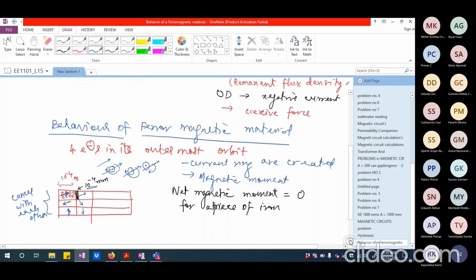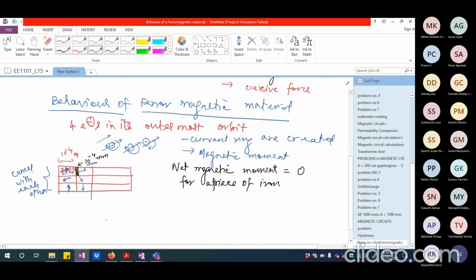So what happens when you subject this piece of iron to a current? Let us say I wind a coil around this and pass a current through it. This is going to create magnetism in a particular direction.